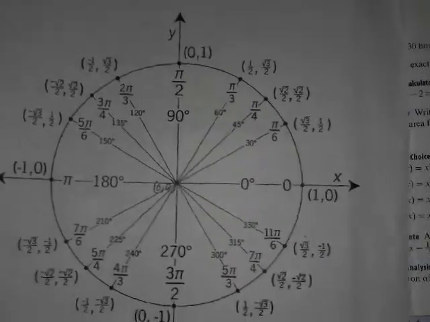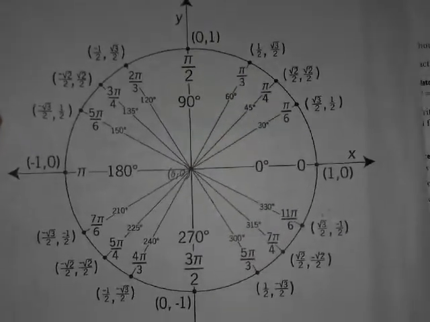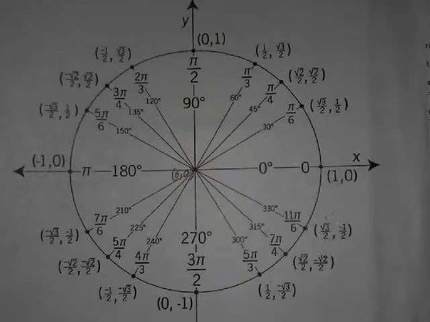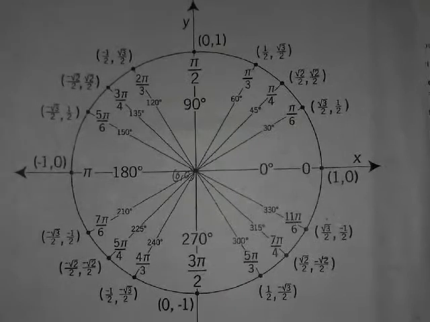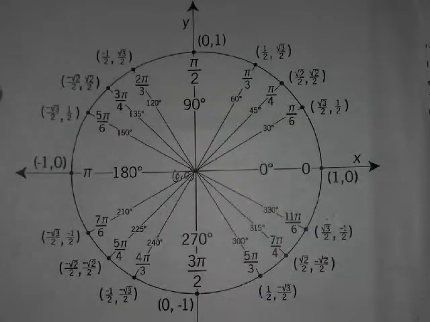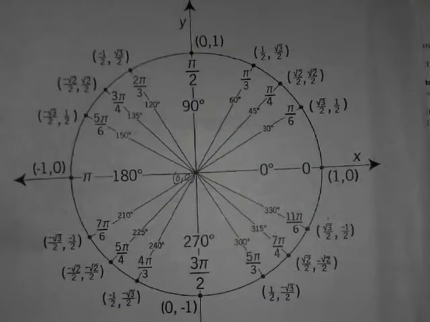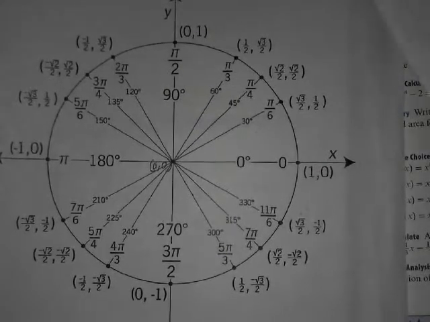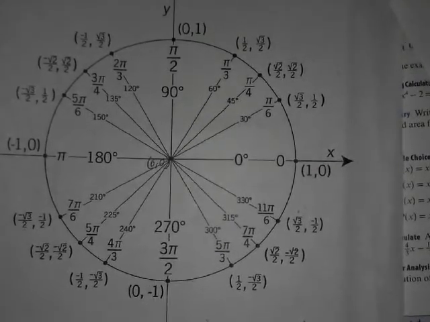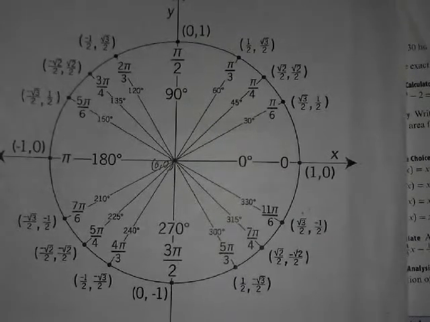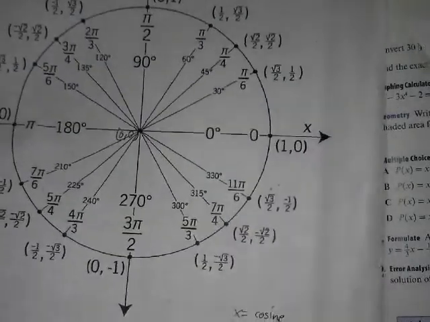Usually if I'm asked to find tangent, I just use the special triangles like my 30, 60, 90 or my 45, 45, 90 triangles, but no matter how hard I look, I'm not going to find 105 degrees on here. So earlier I mentioned that for 105 degrees, you could use 135 minus 30, or you could use 60 plus 45. I'll probably just use 60 plus 45, that's less complicated.